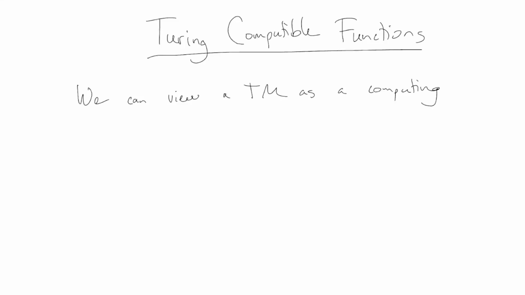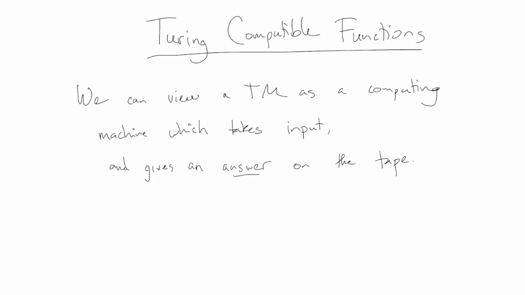I'll say we can view a Turing machine as a computing machine which takes some input on the tape, and rather than accepting or rejecting, since there's a tape, we can think of the Turing machine as changing the input around and then stopping with some sort of output. So we can think of a Turing machine as a computing machine which takes input and gives an answer, a specific answer, on the tape.